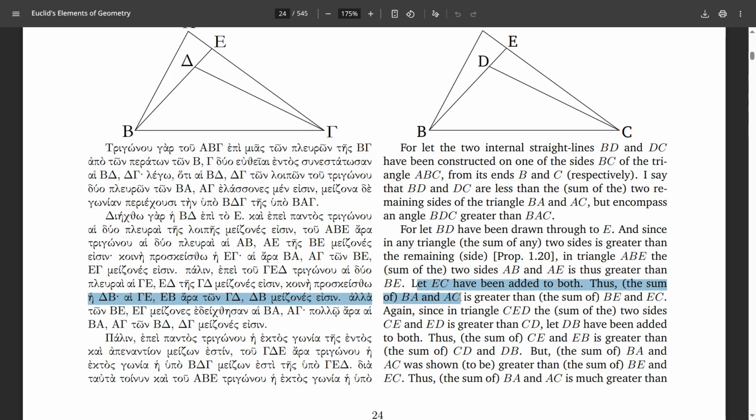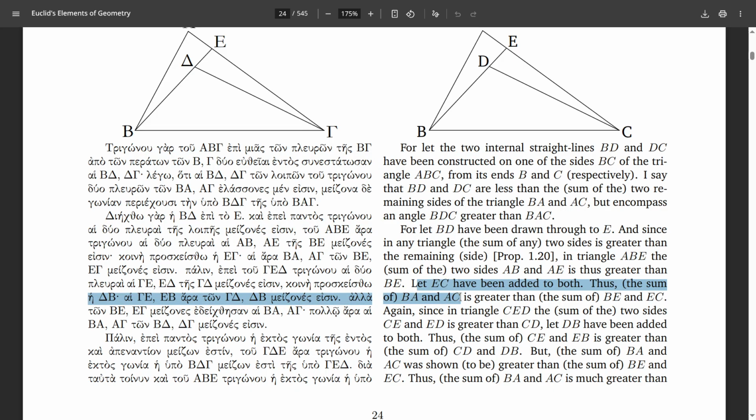So BA plus AC, that seems like it's the greatest thing, is greater than pretty much almost anything here. BE and EC. I don't think that means added together, it just means individually, BE and EC.